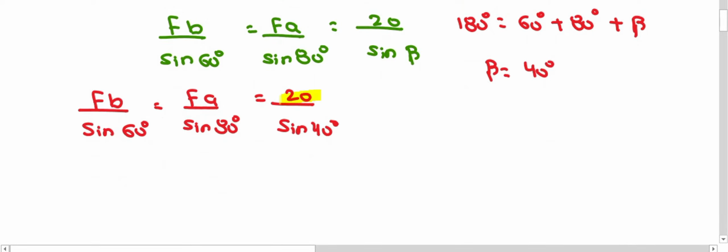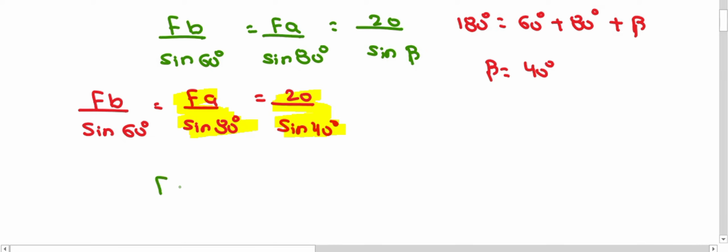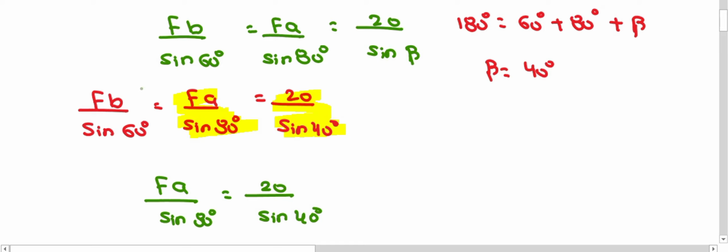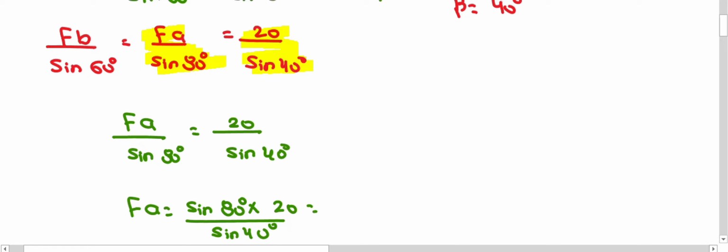Now compare this one and that one to find out the value of FA. So FA upon sine 80 degrees is equal to 20 upon sine 40 degrees. So FA is equal to sine 80 degrees multiplied by 20 upon sine 40 degrees.